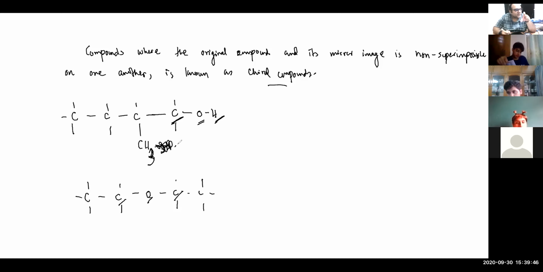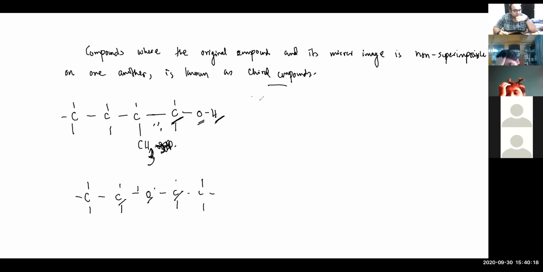So will they be stereoisomers? No, because their linkage itself is different. What type of isomers do we call this? It's a type of structural isomerism, and as a subtype of structural isomerism, functional group isomerism. Very good.